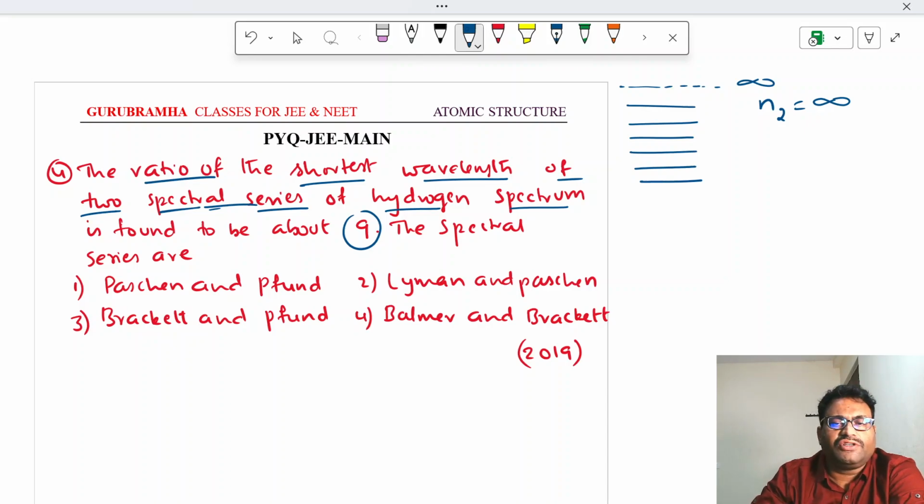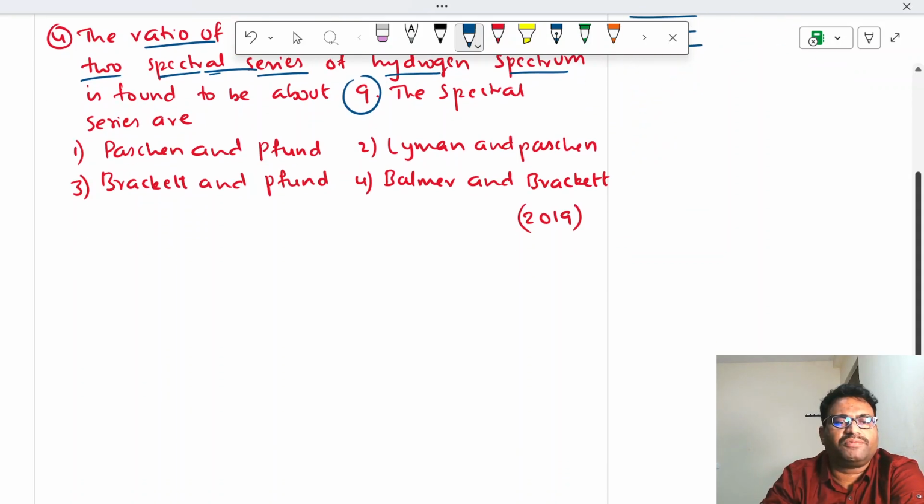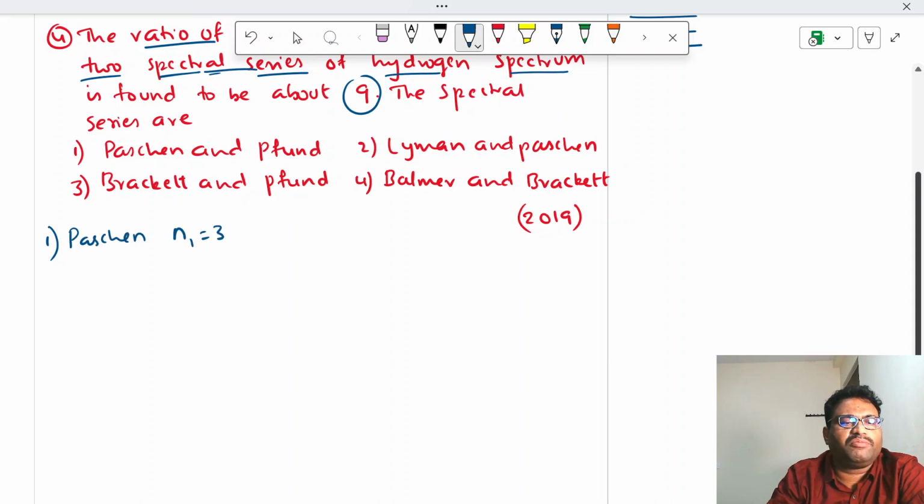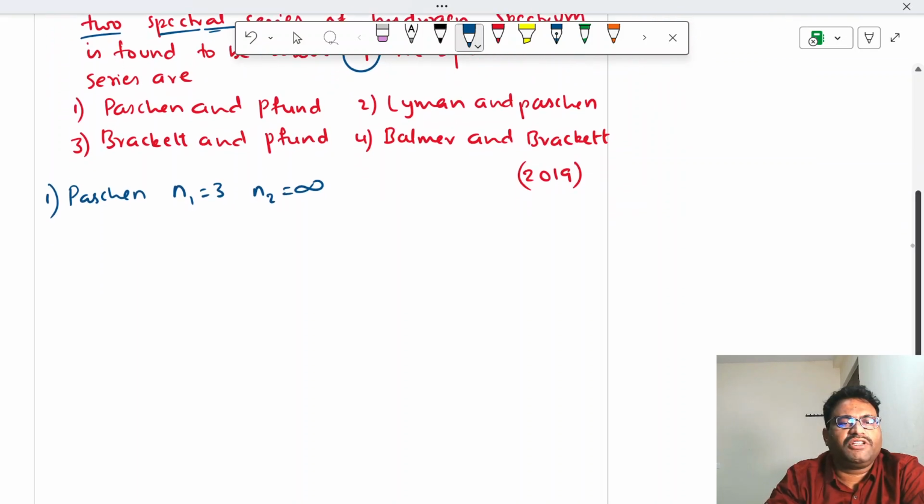Okay. So let us see the first option. In the first option, Paschen is asked. So for the Paschen series, N1 is equal to 3, N2 is equal to infinity. This will be the spectral line having the shortest wavelength.